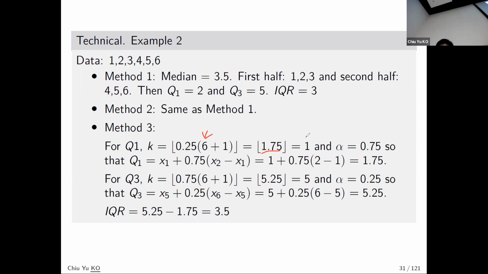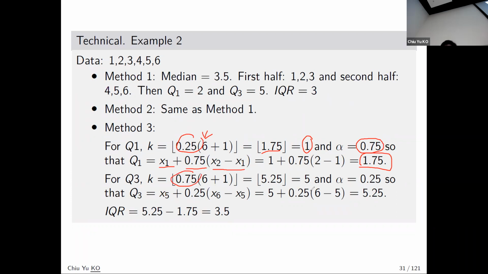And you get the integer is 1, the decimal places is 0.75. So you get the first item plus 0.75 of the difference, which gives you 1.75. And same, instead of 0.25, you get 3 over 4, which is this guy.